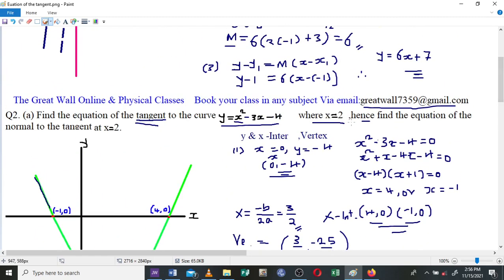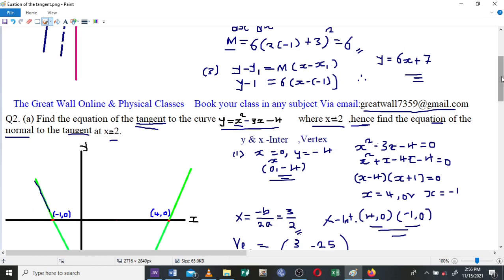It says, hence find the equation of the normal to the tangent. So at this point where x is equal to 2, not only do we have a tangent but also a normal line.